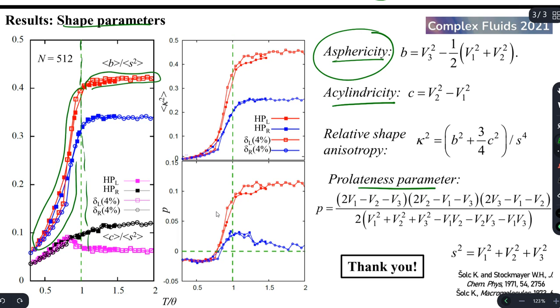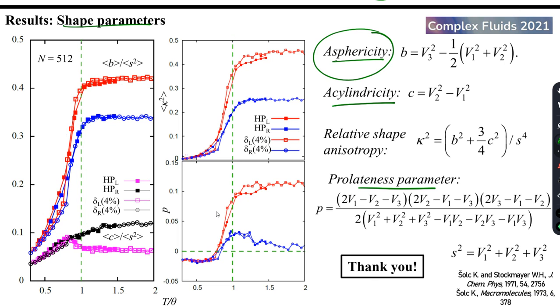Below the theta temperature, it seems that the homopolymers are quite spherical in nature, cylindrical in nature, and even more symmetric when compared with the energy polydisperse ones. This is seen for both the ring as well as the linear, as can be seen from this small study that I did here.